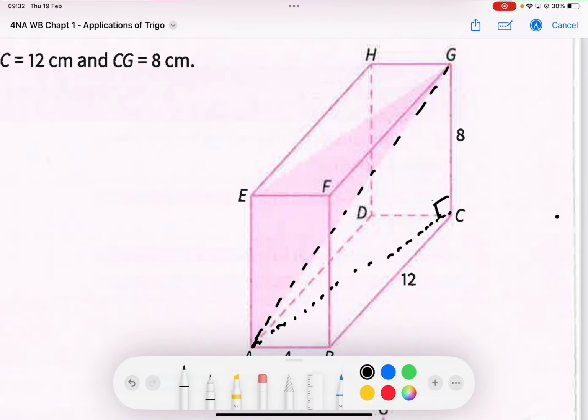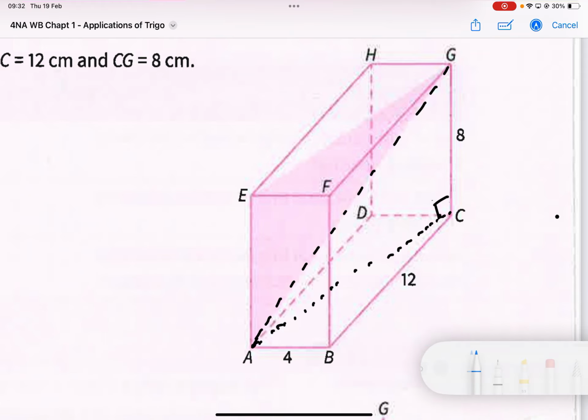Then this will form a right angle triangle already, a flat right angle triangle. So my aim is to make a 3-dimensional problem a 2-dimensional problem. I'm trying to make things flat.